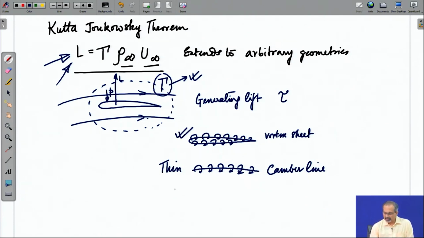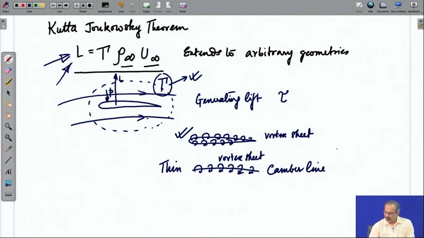There could be another level of simplification which we will discuss further as we move into thin airfoil theory, where instead of having the vortex sheet along the camber line, we propose a thought that whether we can have it along the chord, but still make the camber line a streamline of the flow. We will discuss that concept in due course.